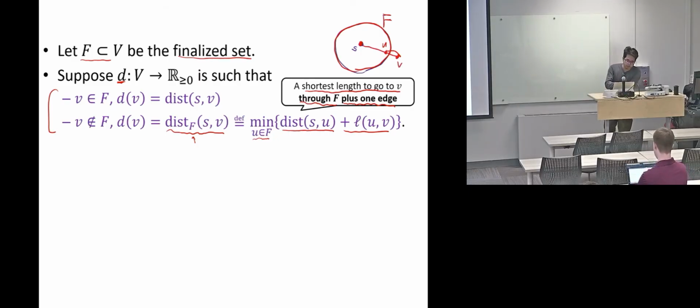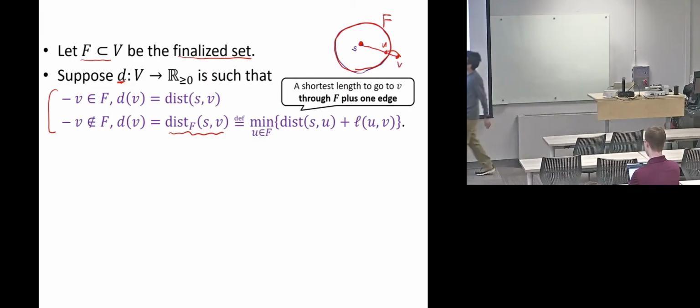You see that this could be bigger than the real distance. It restricts yourself to the kind of path where you go through the shortest path inside F and then take only one more edge. It doesn't look at all kinds of paths, right?